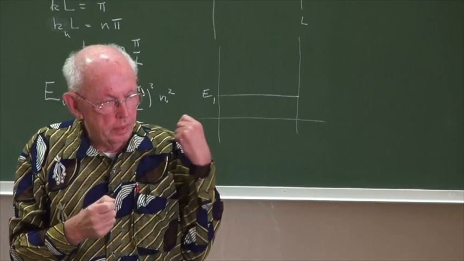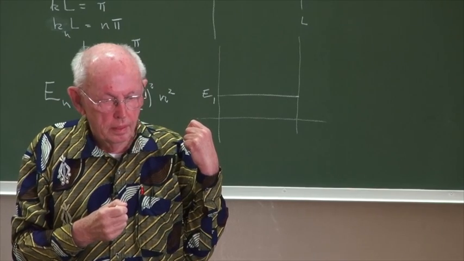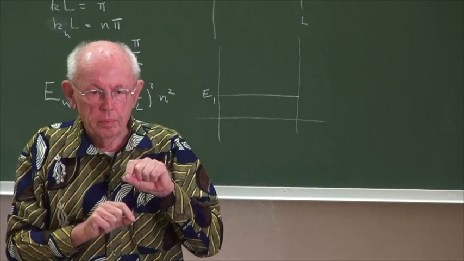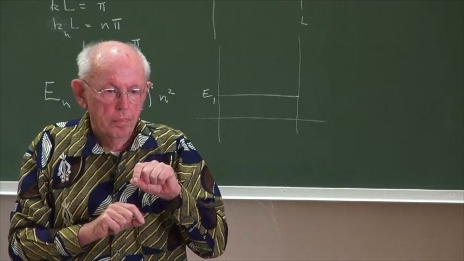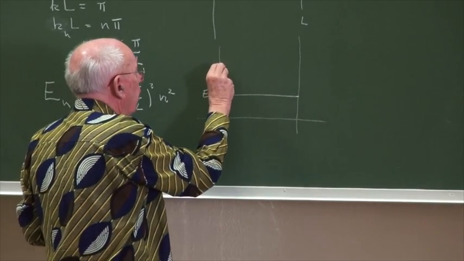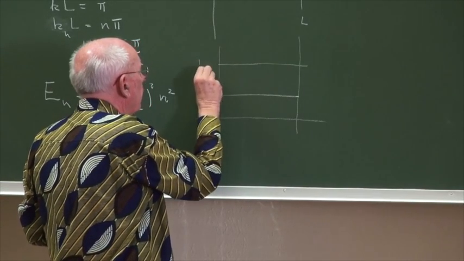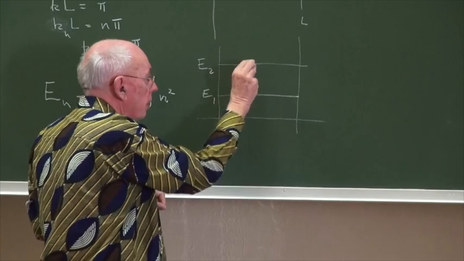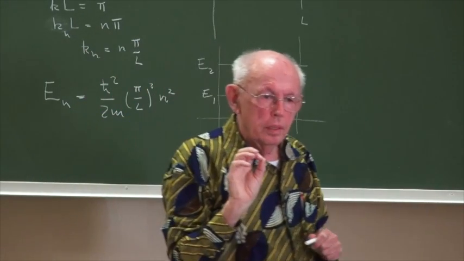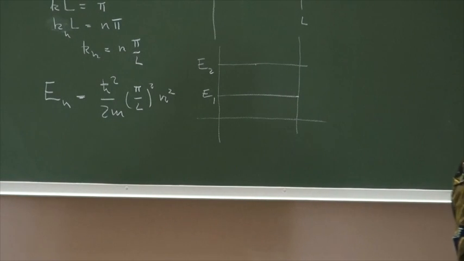So one particle can be in that state. It's a state in which we can have a particle. And then we have a particle in that state. We have a particle in that state. Now this is assuming that we can only put one particle in each state.